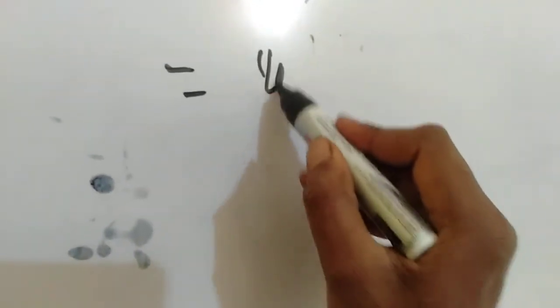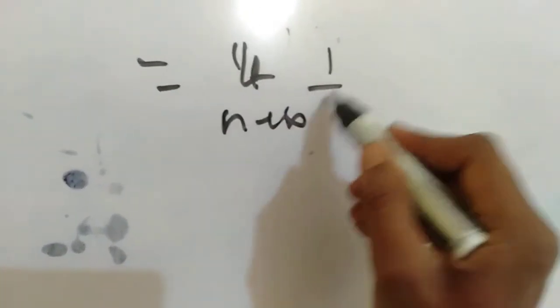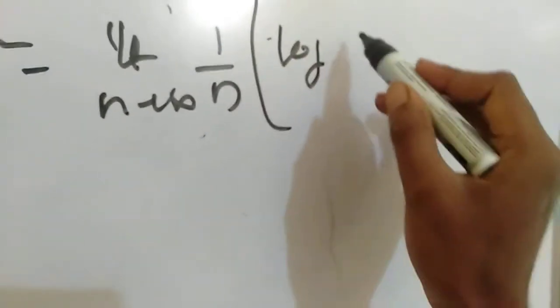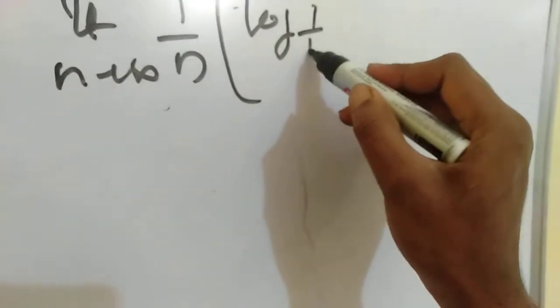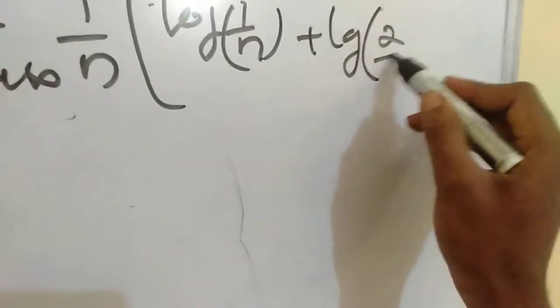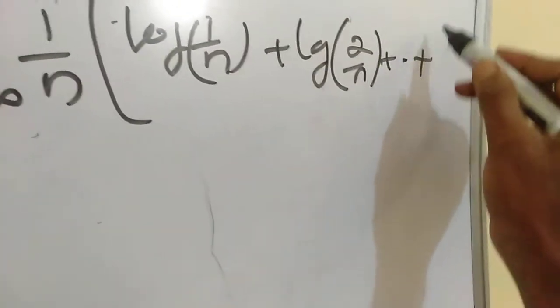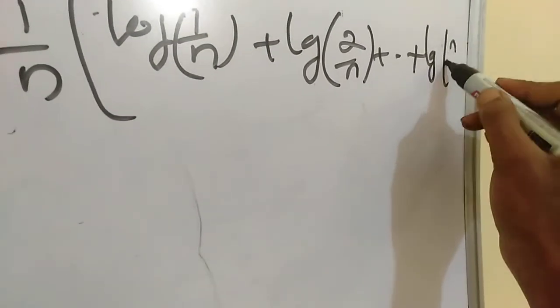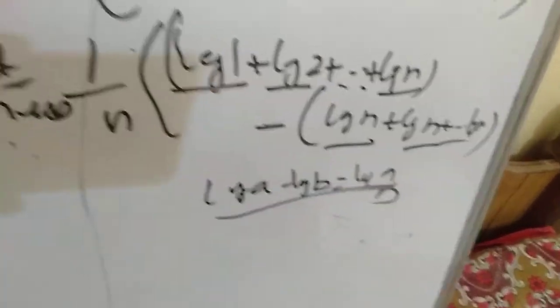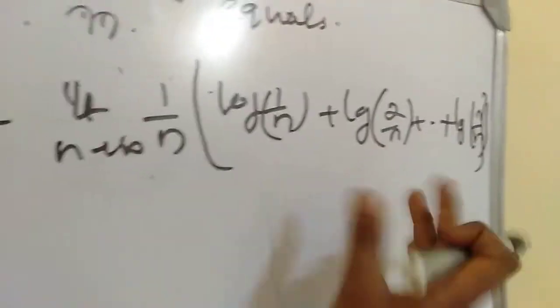Then we get like this: limit n tends to infinity 1 by n into log of 1 by n plus log of 2 by n plus and so on plus log of n by n. Here applying this logarithmic property, this becomes like this.